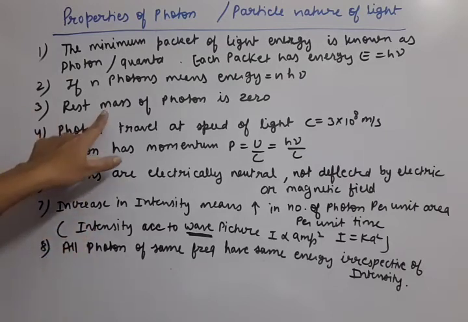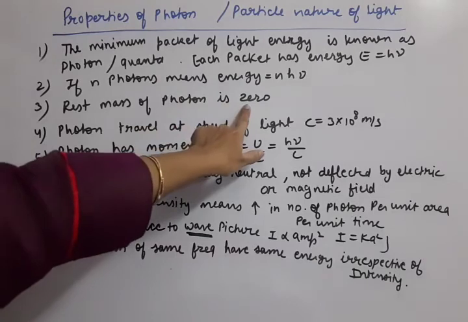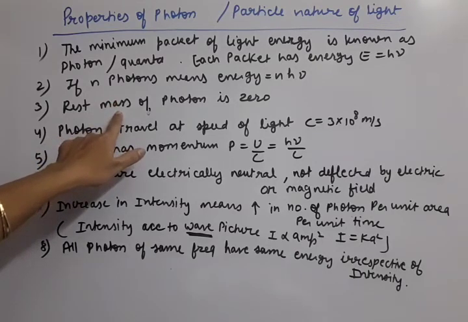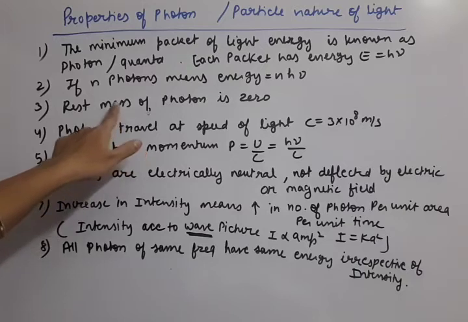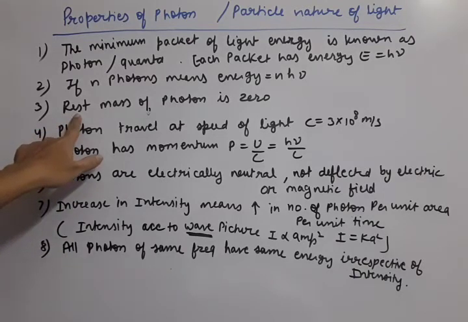Let us discuss other properties also. The rest mass of the photon is 0. Now this is a very conceptual line. Mass means existence of something, so if we say mass is 0, it seems this particle doesn't exist. But notice that one word is attached to it, that is rest mass.